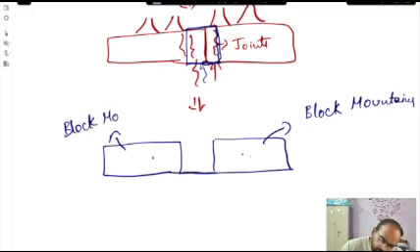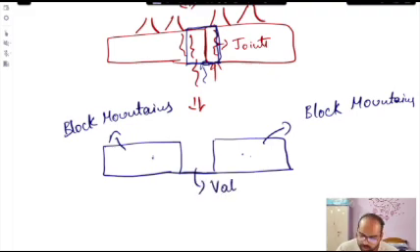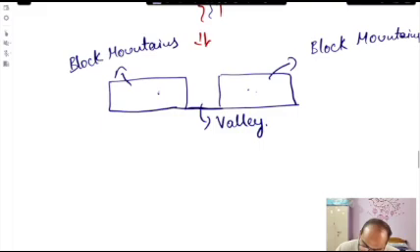In between two block mountains there will be a valley. The best example would be the East African Rift Valley. East African Rift Valley, locate it on the map.